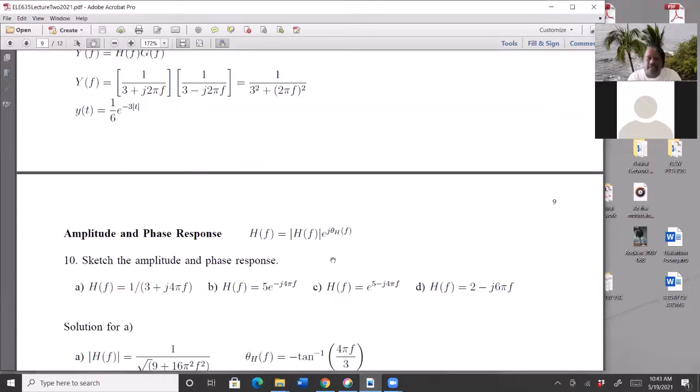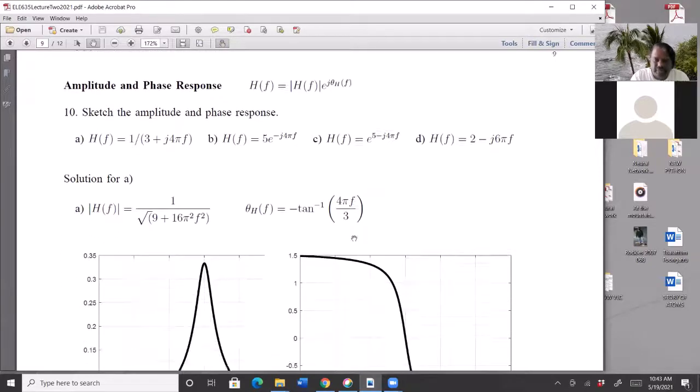The condition I explained in plain English translates to two conditions. The amplitude response must be independent of frequency. That means the magnitude of H(f) should be constant. There shouldn't be any f. And the angle response, or phase response, must be linear in f. So what I just explained in the time domain translates into the following in the frequency domain: distortionless transmission means the magnitude of H(f) is constant and theta_H(f) is a linear function of f.